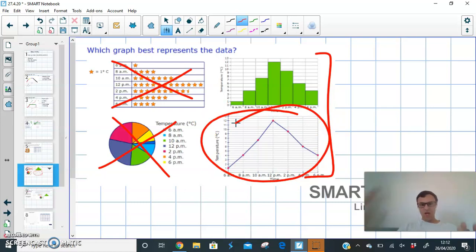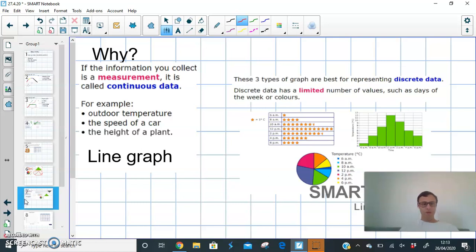That one is, okay, you can tell, but this one's clear to get a trend of what happened throughout the day, okay? Now, moving on. Why, though? Why is that the best graph?